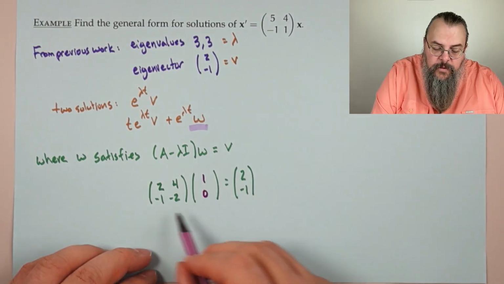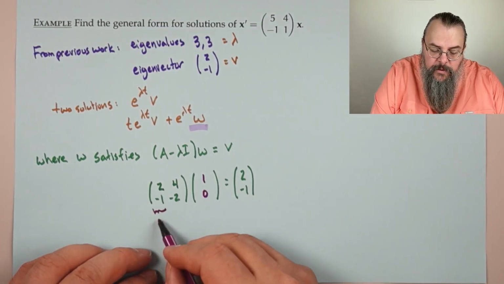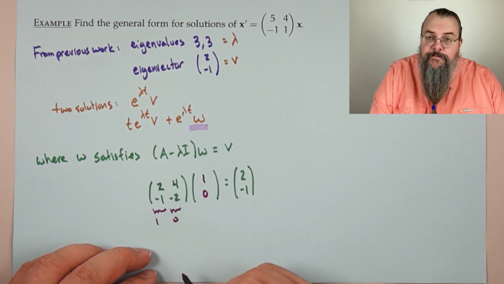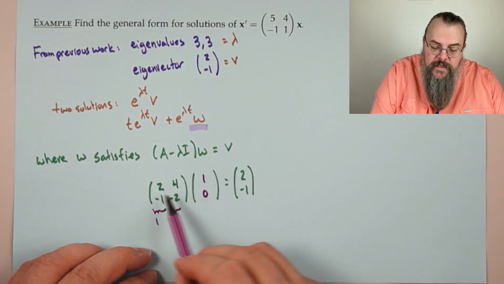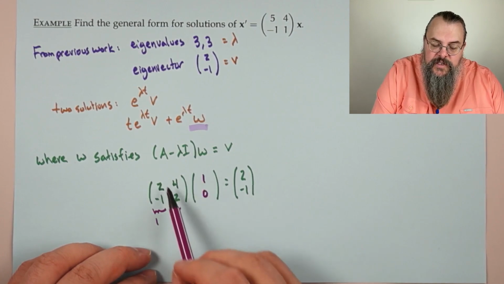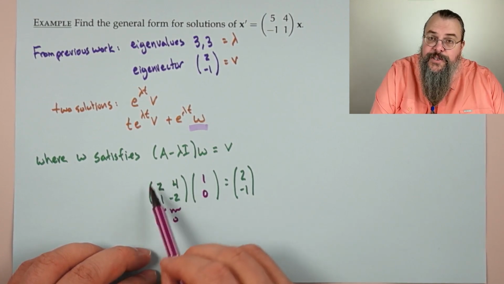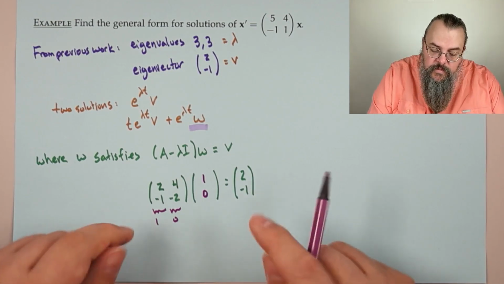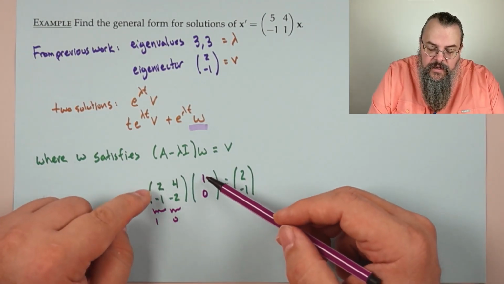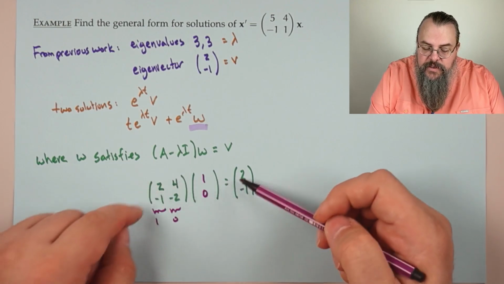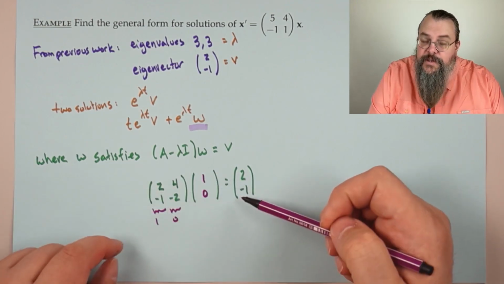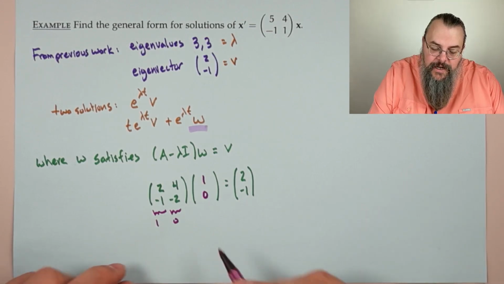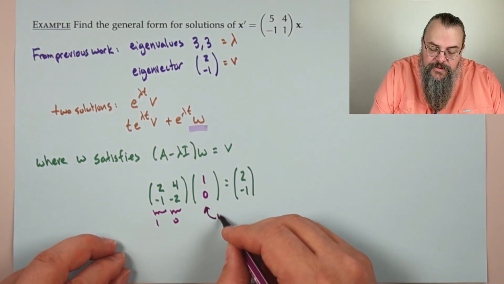So when we write 1, 0, it says I want one of these and I want 0 of these. So multiplying a matrix by a vector says I want this much of the first column, that much of the second column. And if you carry out the multiplication, you'll see you get 2 plus 0, which is 2, minus 1 plus 0, which is minus 1. All right, so we say, aha, we found w.